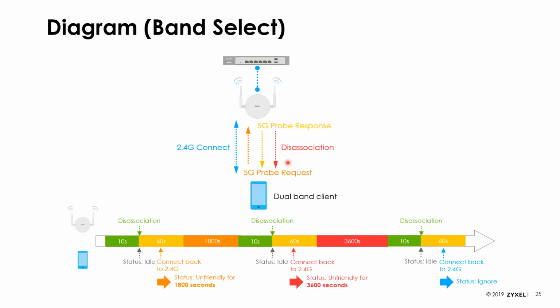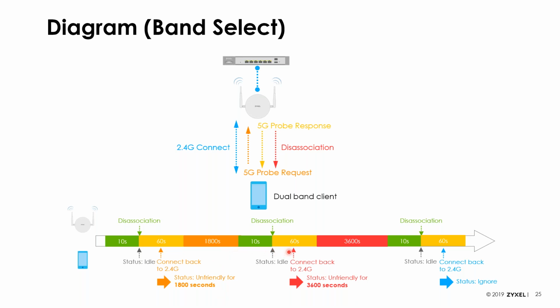Okay, so what happens if the client is unable to connect to 5 gigahertz at this point? The AP waits 60 seconds, and if the client connects back to 2.4 gigahertz, meaning that it failed to connect to 5 gigs, it is marked as unfriendly for 30 minutes, and the process is on hold, basically. After that, it tries again.